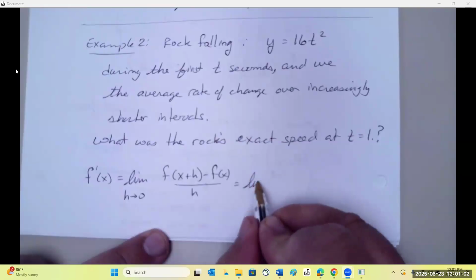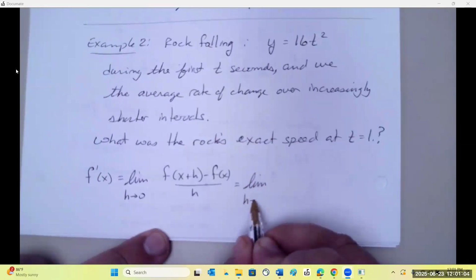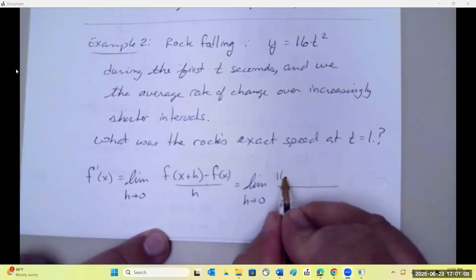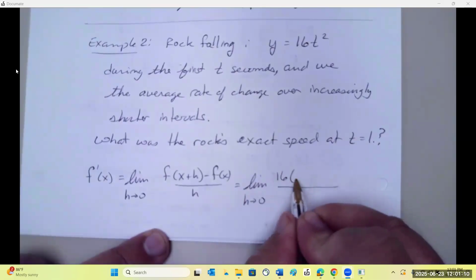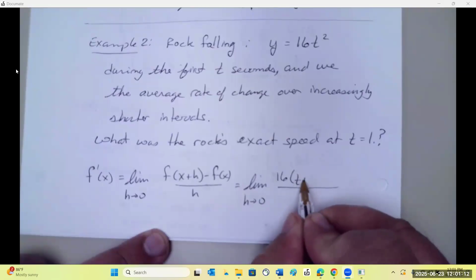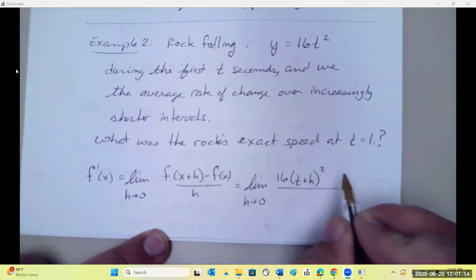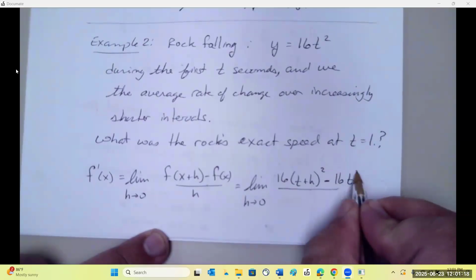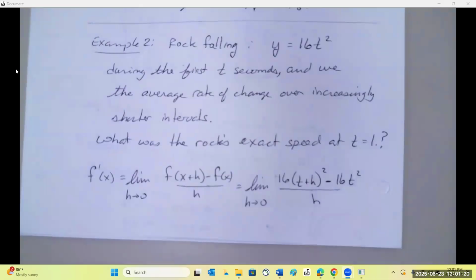So we have the limit as h approaches 0 of 16(t plus h) squared minus 16t squared over h.